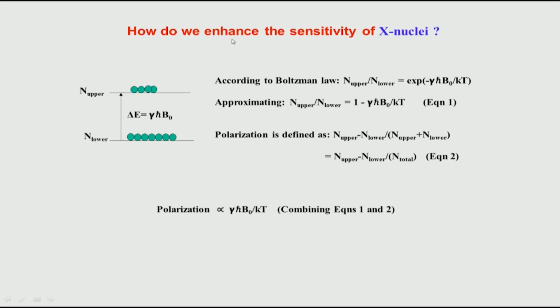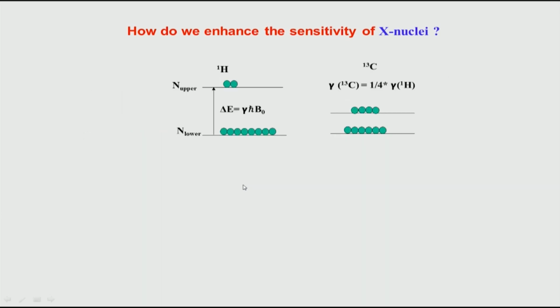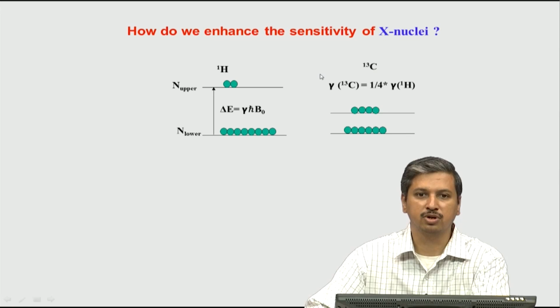Our goal, as is said here, is how do we enhance the sensitivity of X nuclei. From here you can see why X nuclei are less sensitive. In the case of carbon, if you look at this now, we have a hydrogen spin energy level diagram.